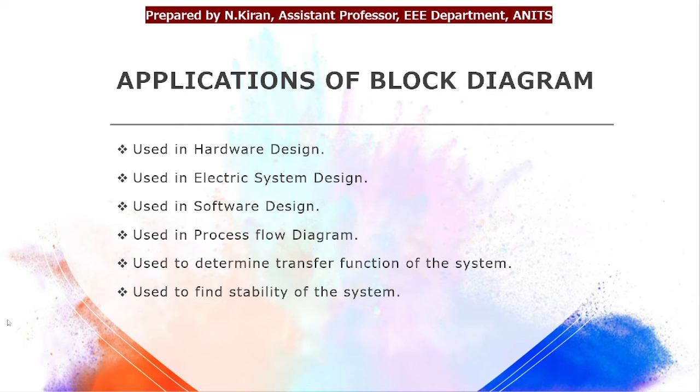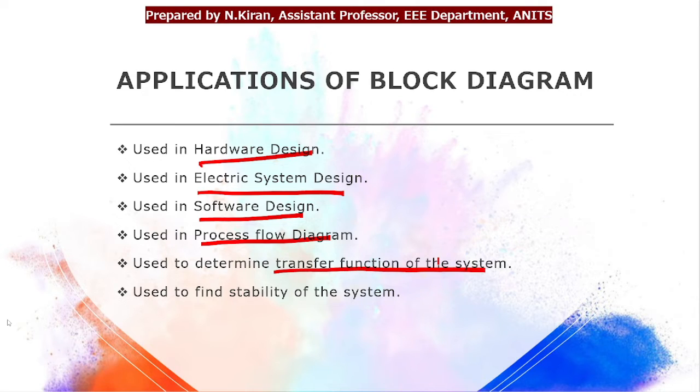These are some of the applications of block diagram. It is used in hardware design, electric system design, software design, process flow diagram, in determining the transfer function of the system, and it is also used to find the stability of the system.